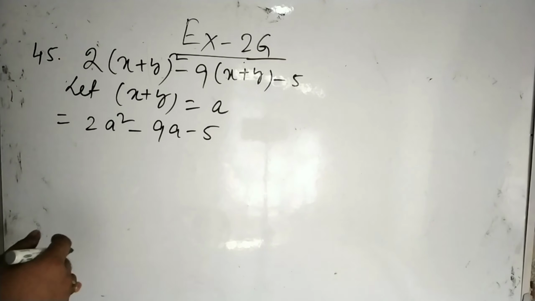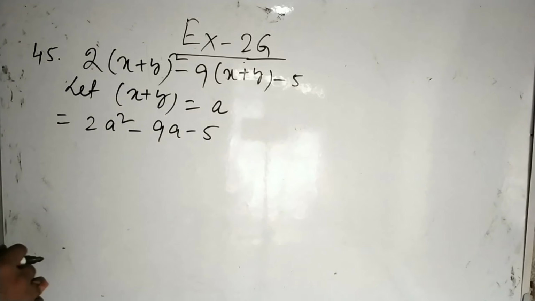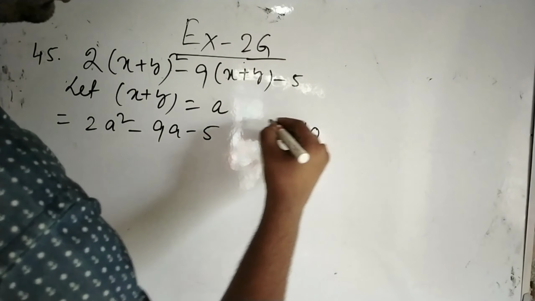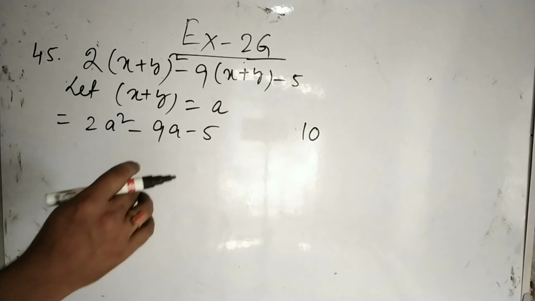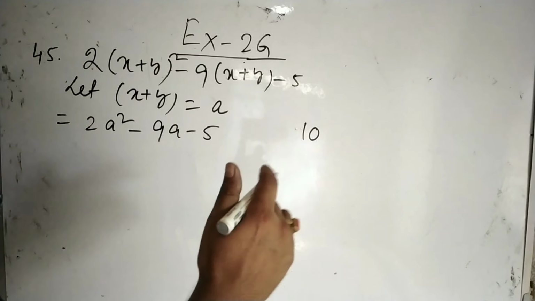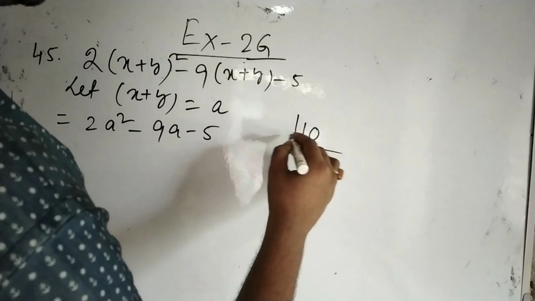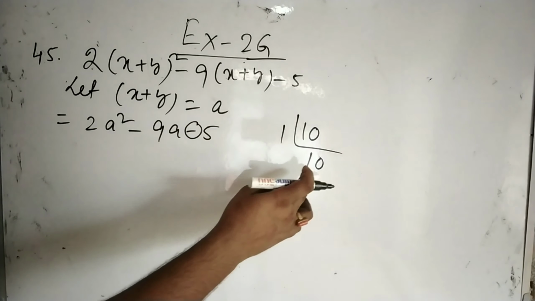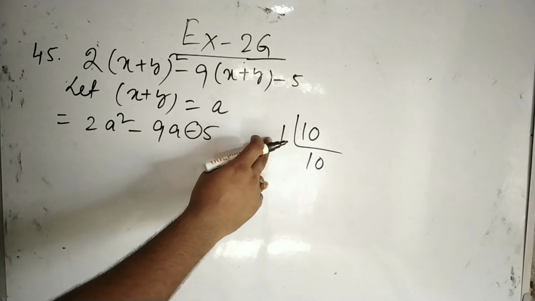Now we can simply factorize by using middle term splitting. 2 into 5, that is 10. Here it is 9. Look, any number has a factor 1, so we can write 10 as 1, 10. Here it is minus sign, so 10 minus 1.